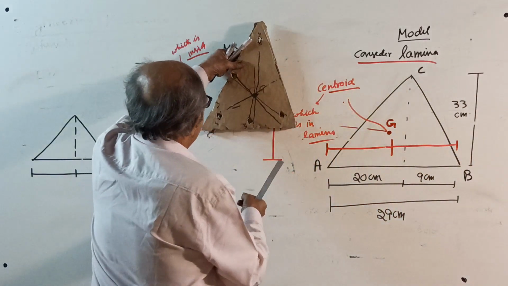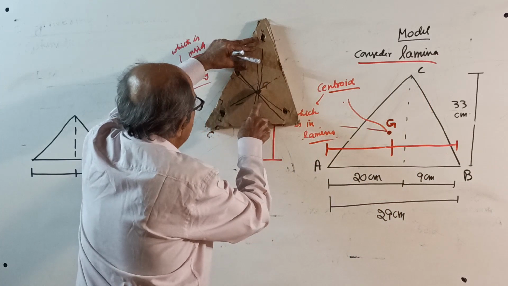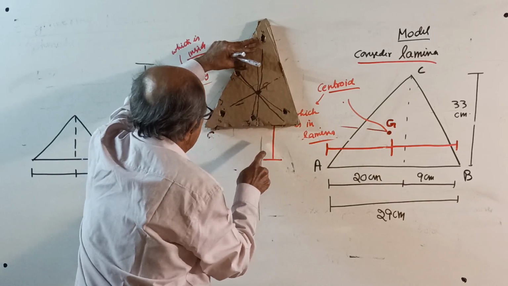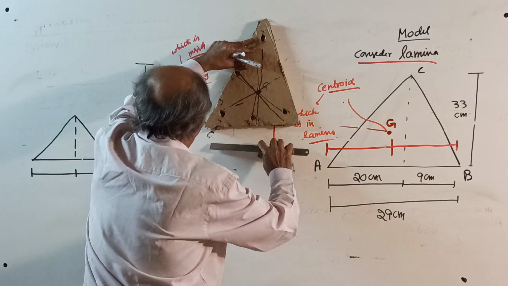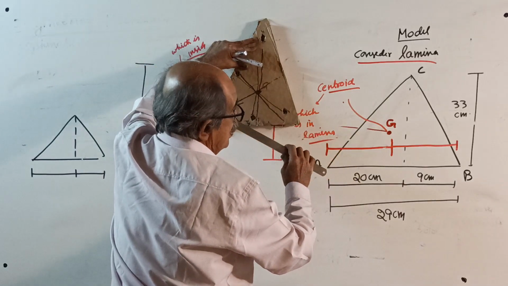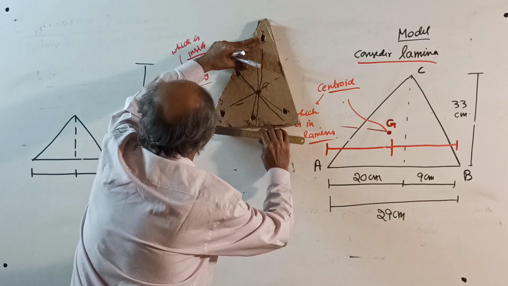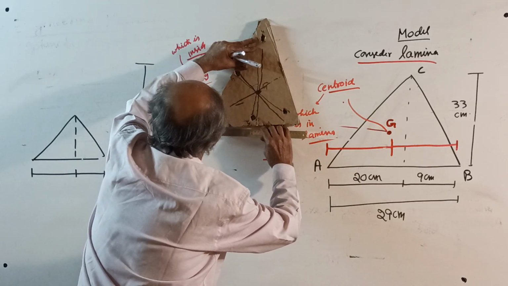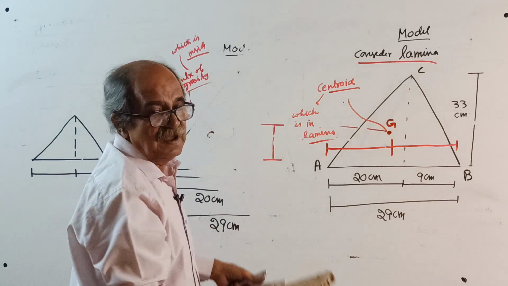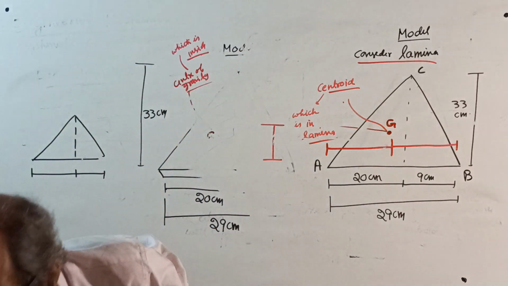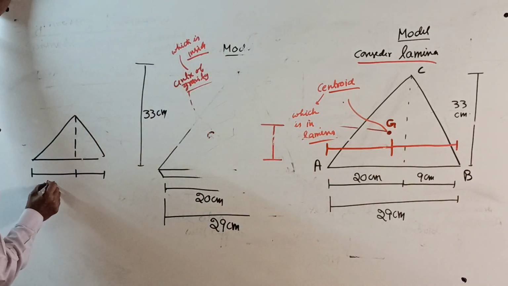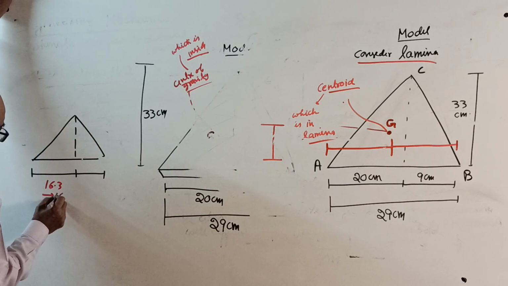Now, if I see here, measure this point, I will project here this point. I will measure here. In centimeter, around 16.3 or 16.4, it lies between, see, I am getting around 16.3 to 16.4 centimeter.